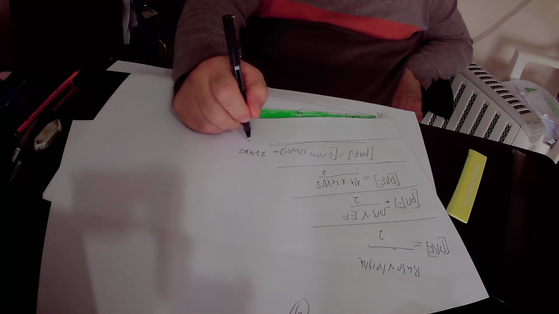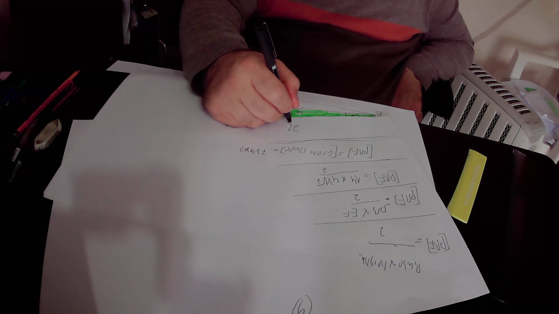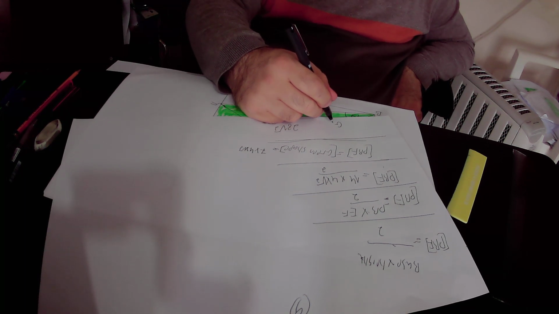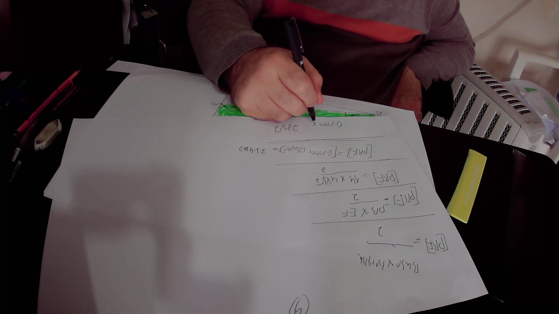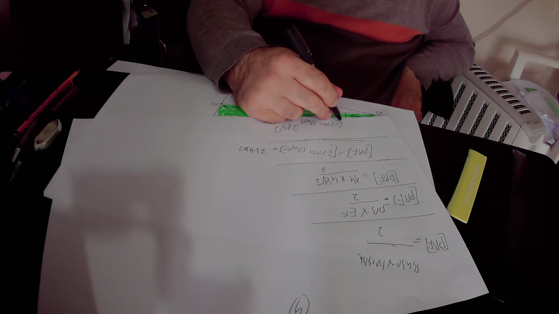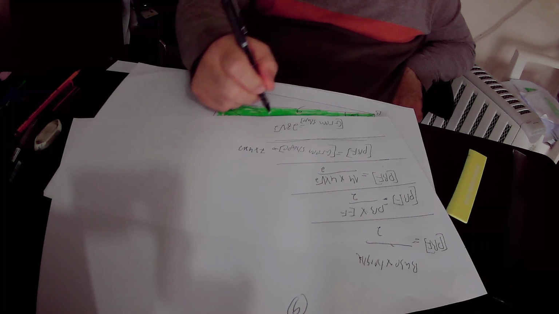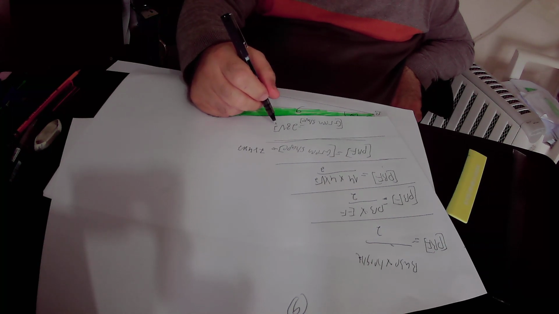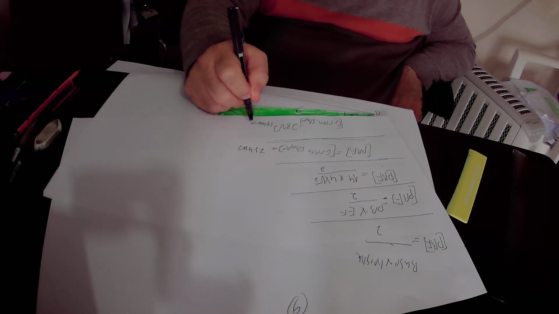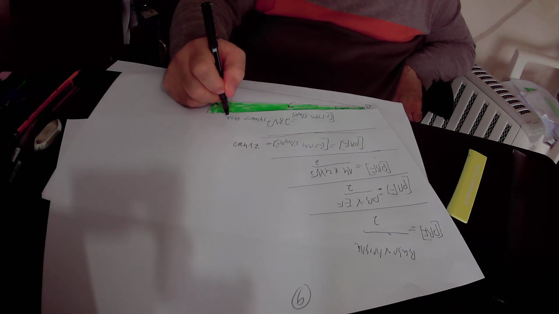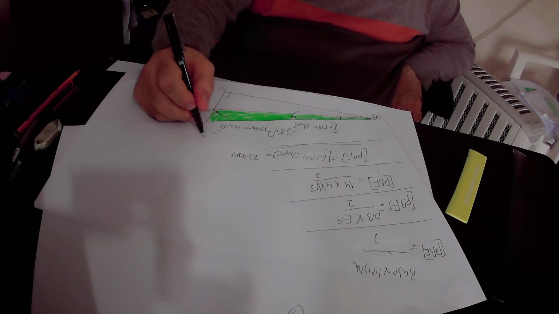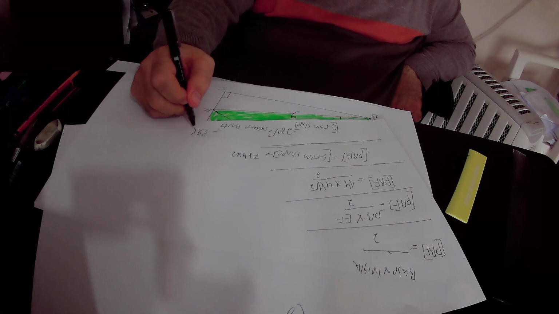Seven times 4 is 28 times root of 2, so the green shape equals 28 times root of 2 square units, or in terms of numbers, it equals 39.6 square units.